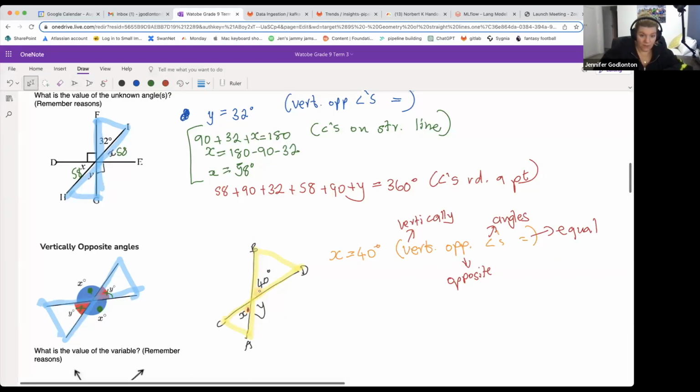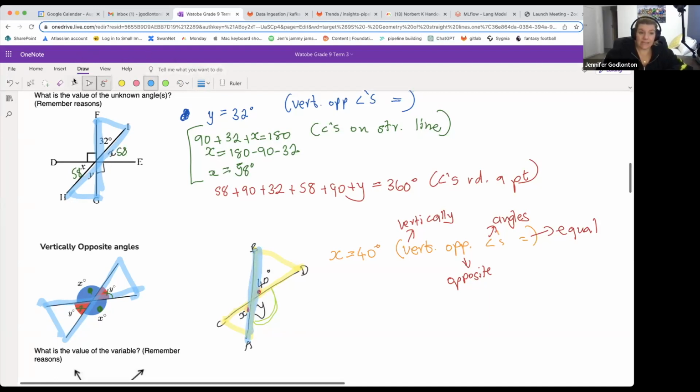So that's talking about this first one. Now, if I'm trying to find Y, that's this angle over here. I'm going to now look at a straight line. So let's find our highlighter again. We could do lots of different straight lines. I'm going to look at this one over here. So I'm going to look at AB.